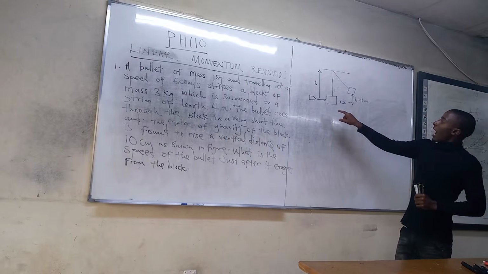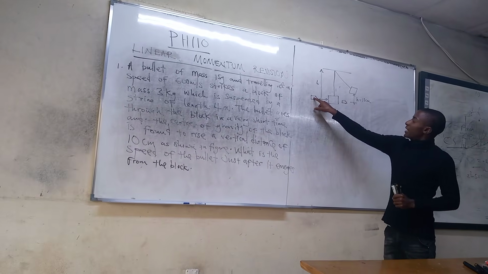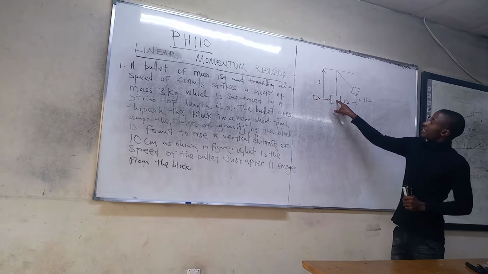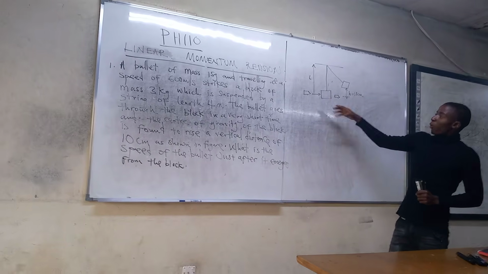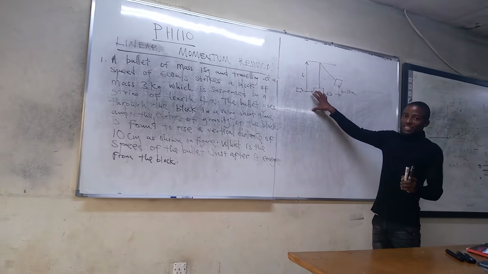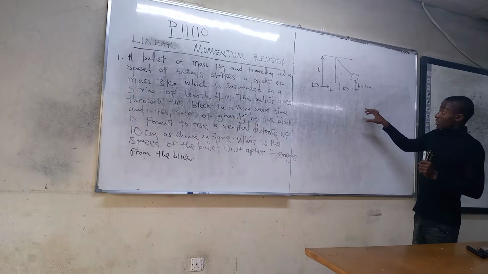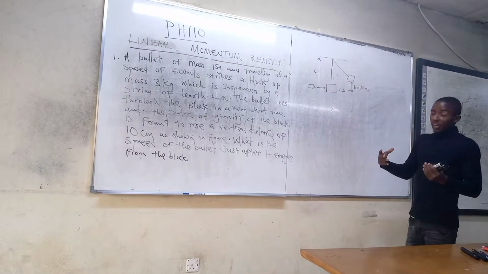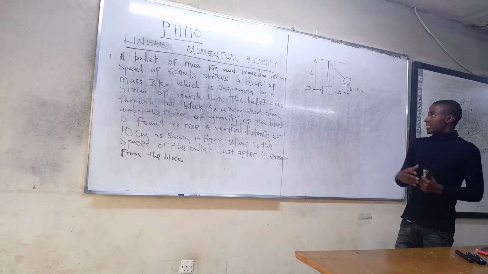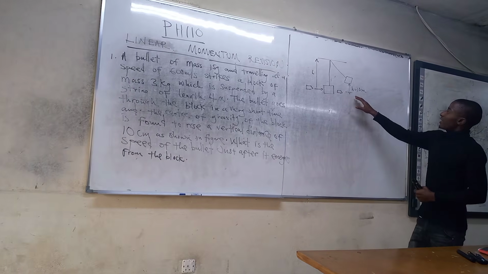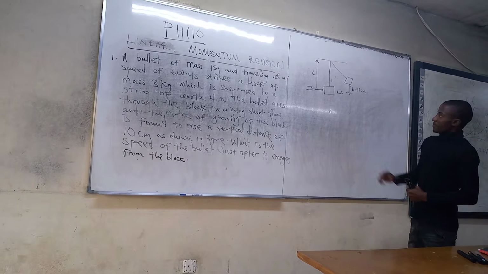And then after this bullet struck the block, it penetrated. That simply means that the type of collision that you are dealing with is an elastic collision, the type of collision where two objects move with different velocities. Now we have been given the height of 10 centimeters.